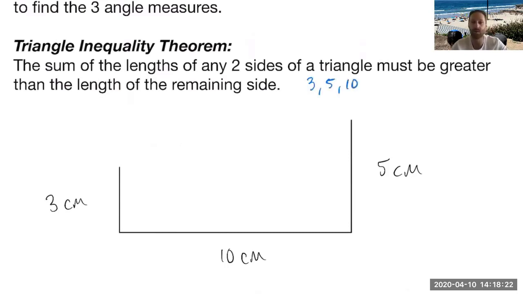Well, if you remember, according to the triangle inequality theorem, if we take any two sides, namely we want to look at the smallest two, and add them, they have to be strictly greater than the third side, which in this case, we want to compare to the largest. So I took and I measured out, let's say about 10 centimeters.